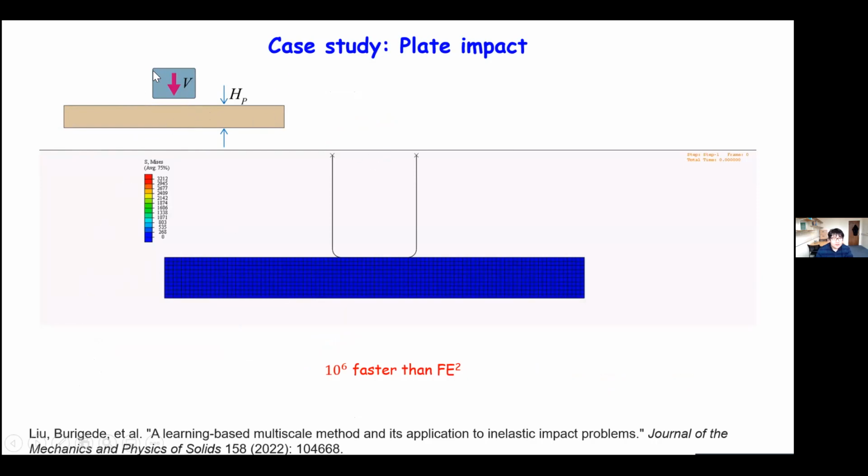And I'm showing you an example of a plate impact test where we have a rigid projectile hitting a plate at time 0. And this is how our neural network or learning-based multiscale model predicts how this plate will deform.